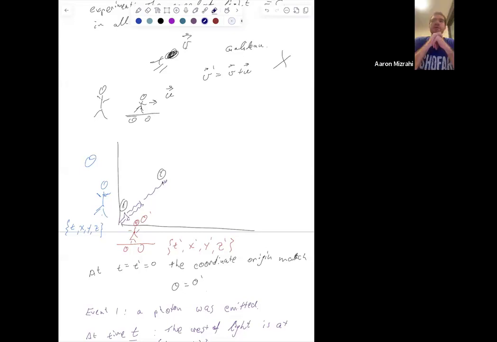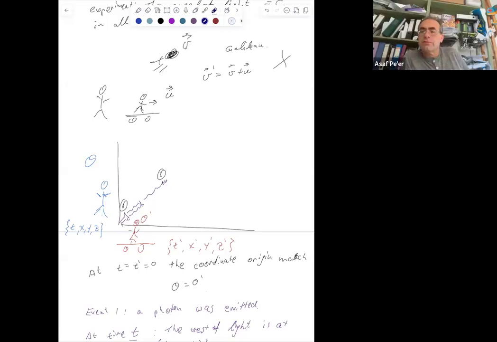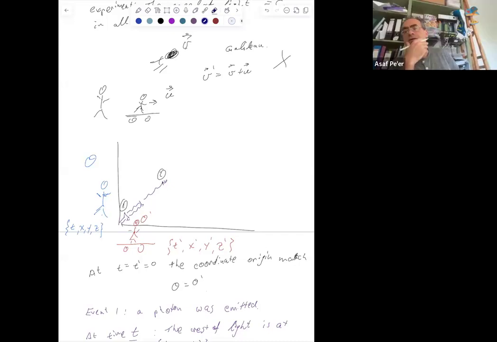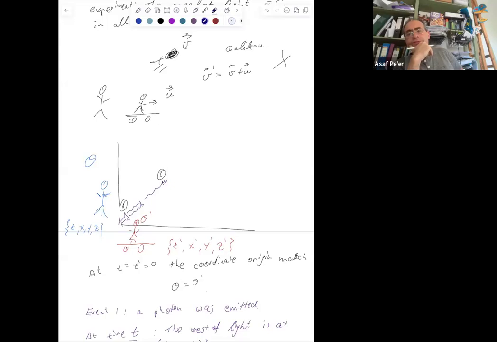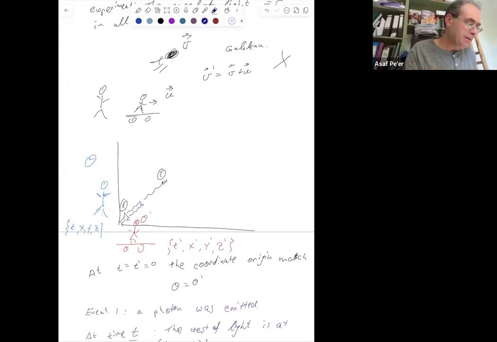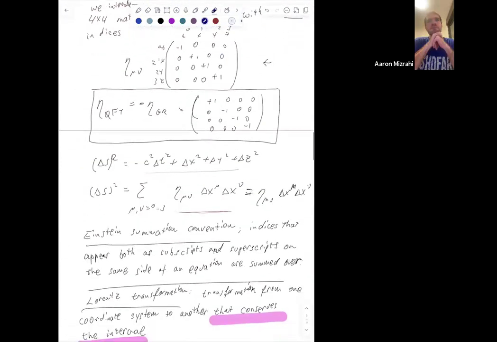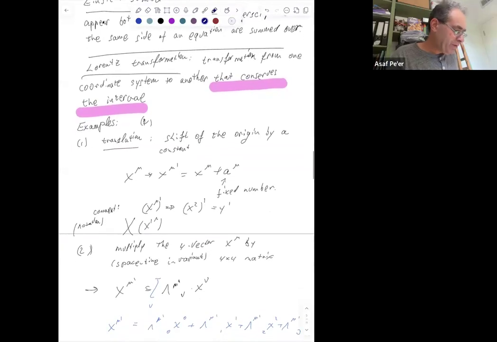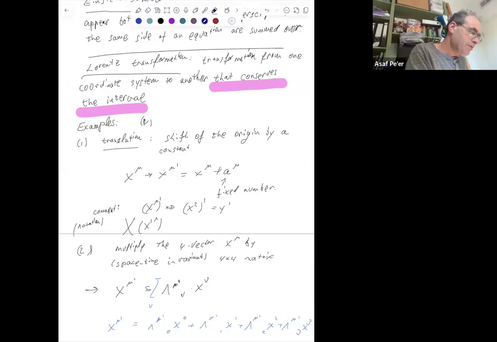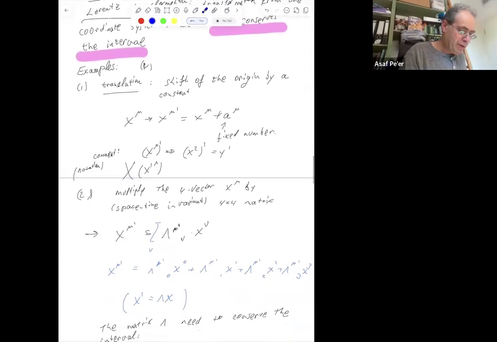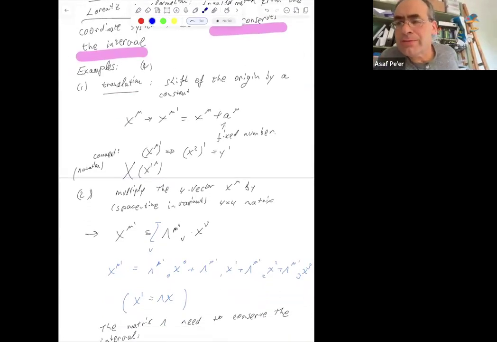But why a rotation and not a translation? You can have a translation if you want to. It's fine. A translation is a mere offset of the origin, and it's written here that this is a legitimate Lorentz transformation. I said that there are 3 types of Lorentz transformations, written here as 1, 2, 3. The first one is translation. The second is rotation, which you may not have thought of as a Lorentz transformation, but it is.